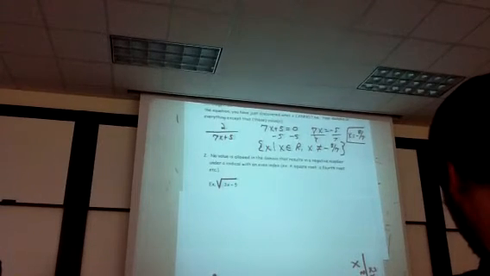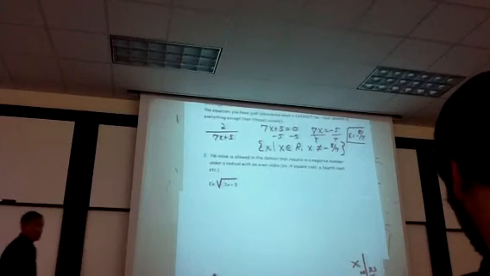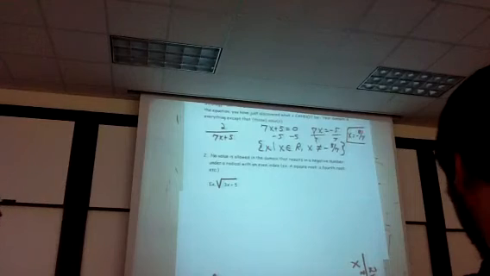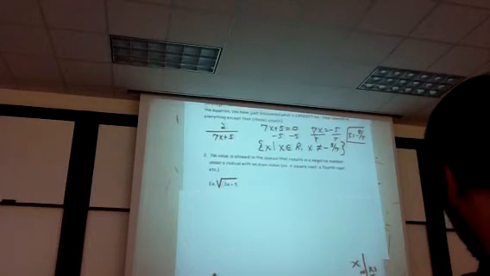Okay? And notice how it's defined because it's very precise. No value is allowed in the domain that results in a negative number under a radical with an even index, like a square root, a fourth root, a sixth root.